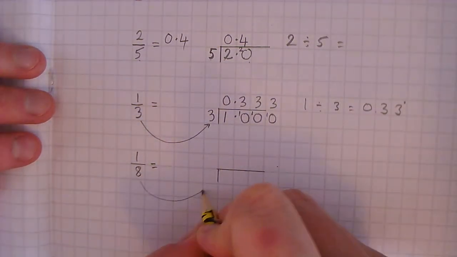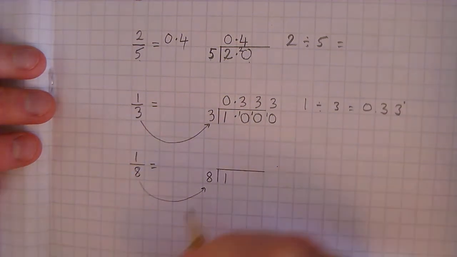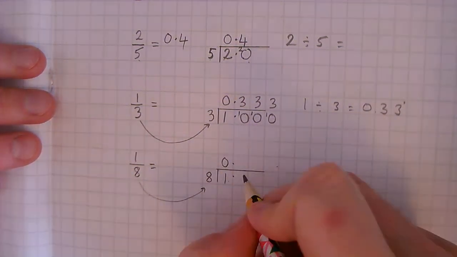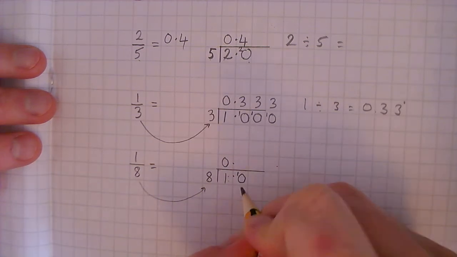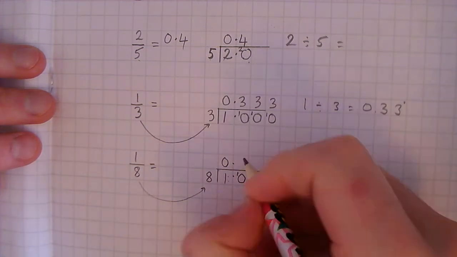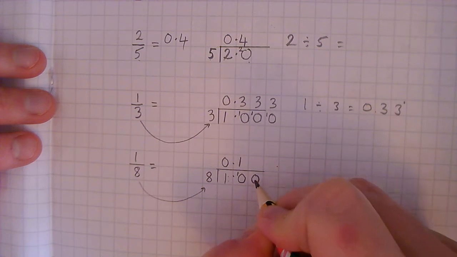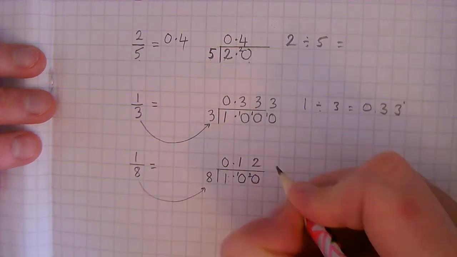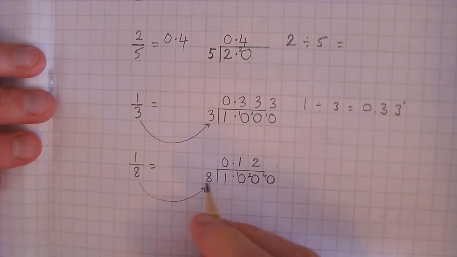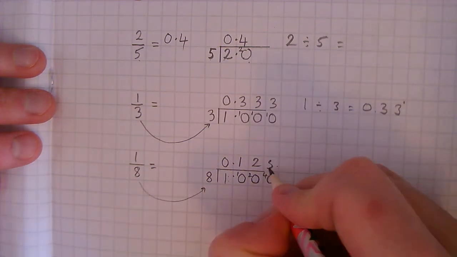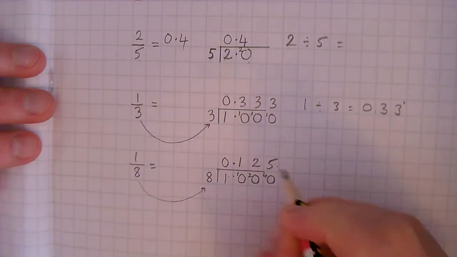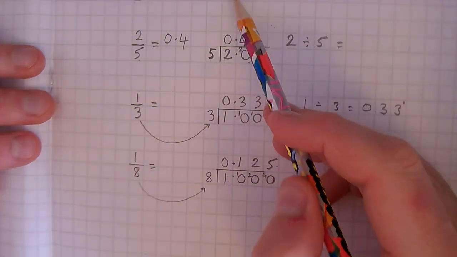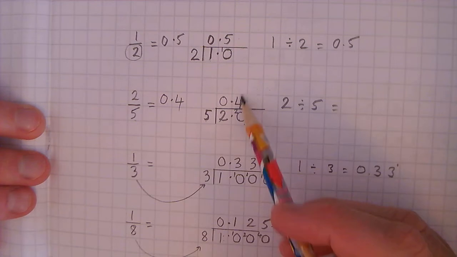So the 8 goes there, 1 goes there, 8 into 1 doesn't go. Write the decimal point, make the 0, put the 1 on the shoulder. 8 into 10 goes once, remainder 2. 8 into 20 goes 2, remainder 4. And 8 into 40 goes 5. So this one finishes after 3 decimal places. These two finish after 1 decimal place.